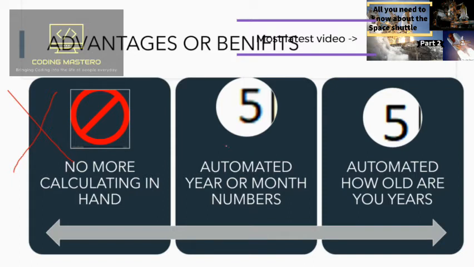It will be an automated year and month numbers calculator, and it will give you an automated how old you are, in years and months. So you can see here years and months. These are the advantages of the year calculator. So let's move forward.